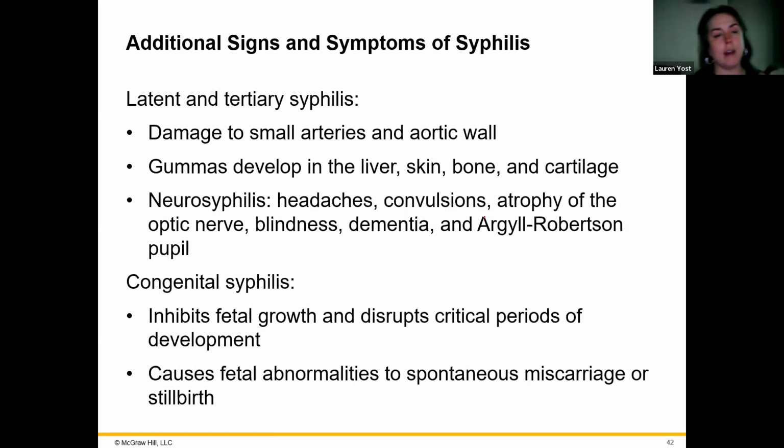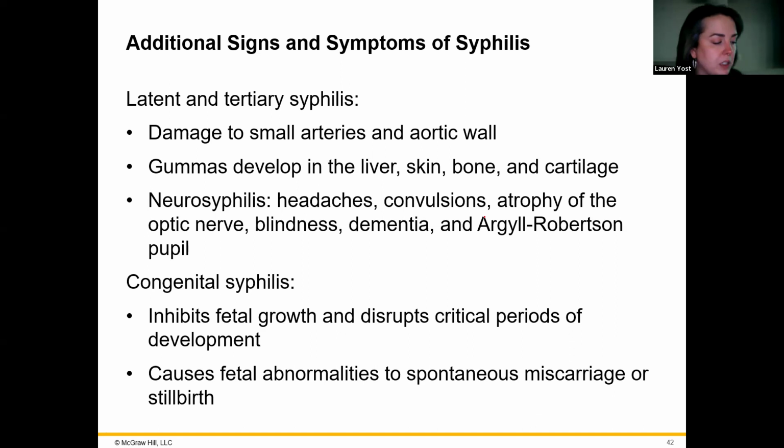Tertiary syphilis, you can be latent, and it can just live with you for a while, causing minimal presentation. But if you develop into tertiary syphilis, we have damage to the vascular structure, basically, as well as development of these things called gummas. And they are basically just tumors, but not true tumors. They're structures that look quite a lot like tumors, and they're very disfiguring.